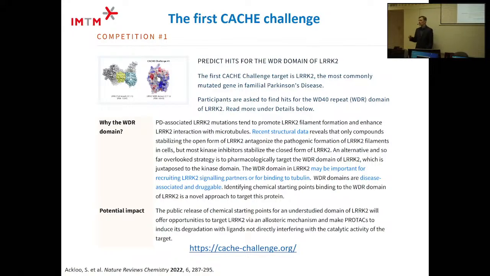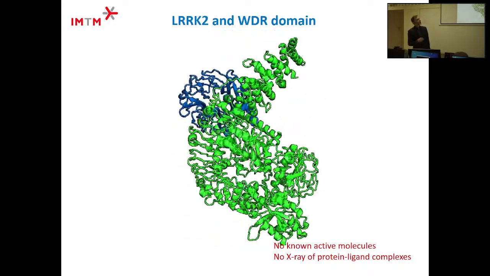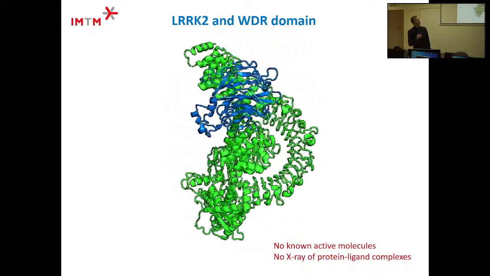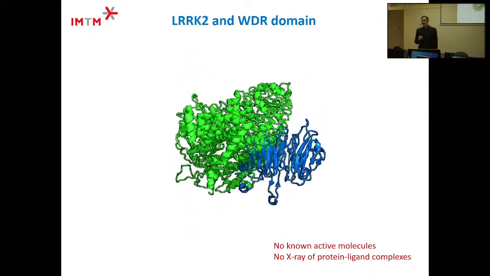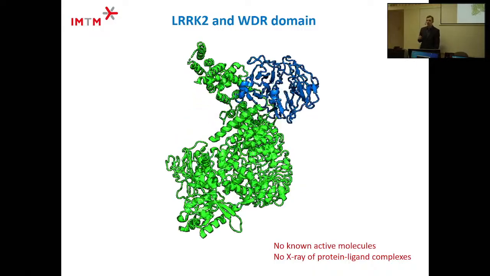I will show you the structure of this kinase. It's a really large molecule. And they wanted to target this particular domain to design PROTAC compounds in the future to combat Parkinson's disease, finally. Here is the structure of this kinase, and the part in blue is the particular domain for which we had to find some molecules.